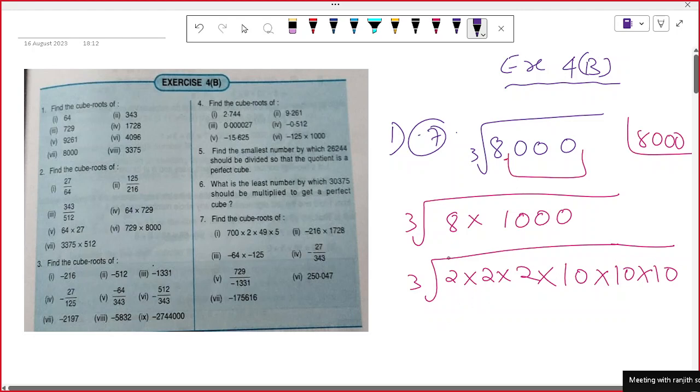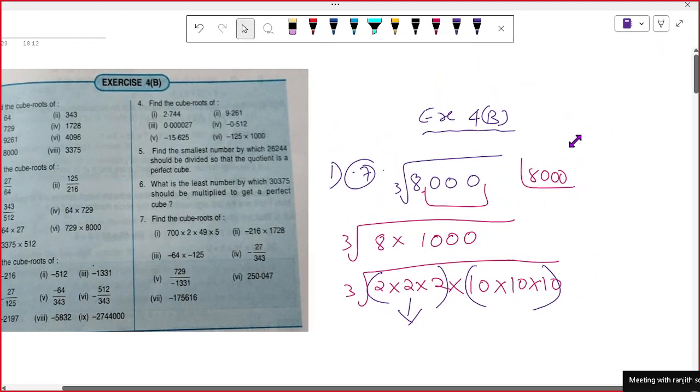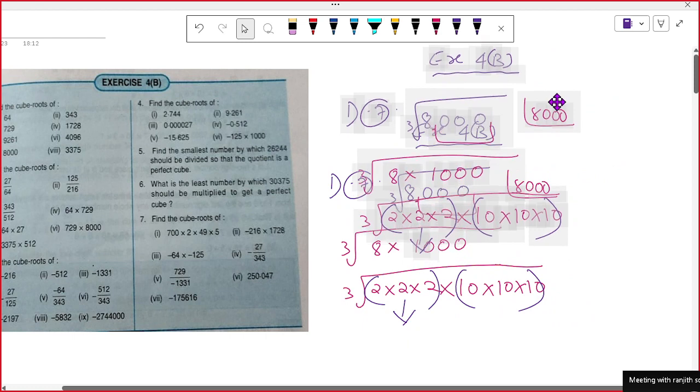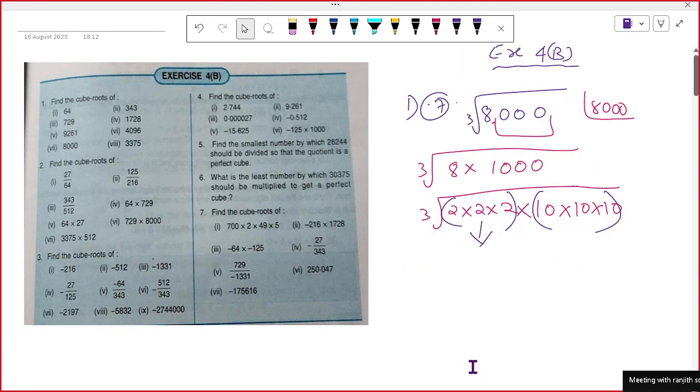Okay, after factorizing, how many numbers do you have to group? This is cube root, right? For cube root, 3 numbers. From this, what do we get? 2, sir. Who answered? Sir, Akansha, sir.